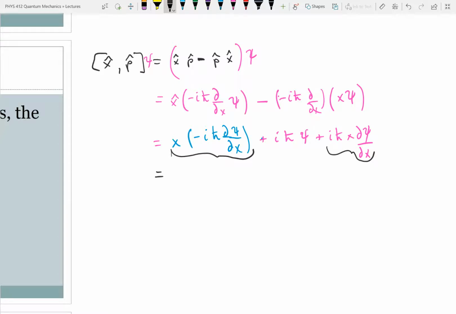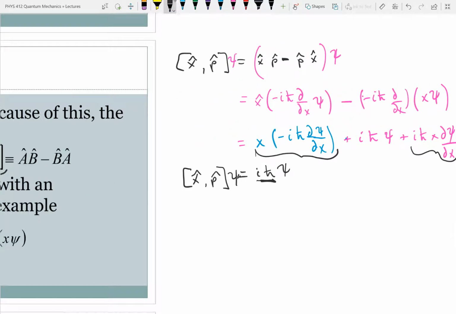Those two terms add to 0. So the commutator of x and p acting on psi gives me i h bar psi. This commutator is itself an operator, and the eigenvalue for this operator is i h bar.